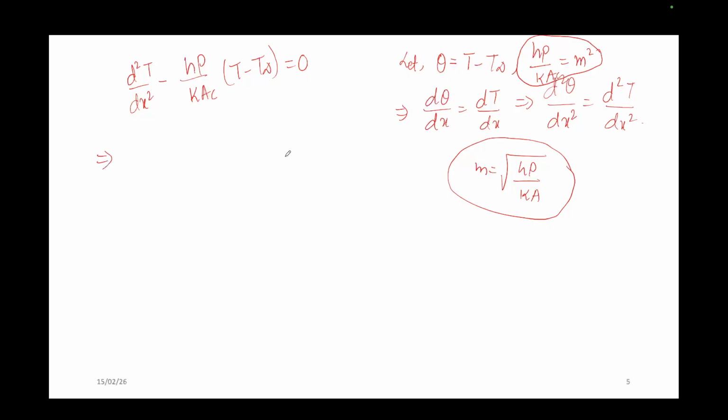So this equation I can write, in place of the double derivative of T, as d square theta by dx square minus m square theta equals 0. Can I write this? Please check and tell me. So this is a second order differential equation. This is a complementary solution you have studied in the differential equations part. You remember this complementary solution?